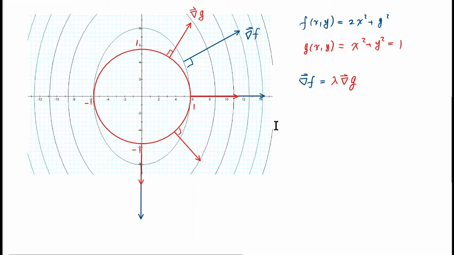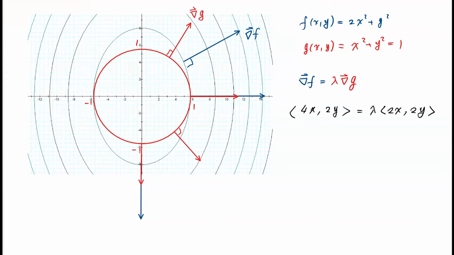And then lambda is just a constant because there's no reason these two will have the same magnitude. Let's write that down. So gradient of f, remember f is this, so we have 4x and then comma 2y will be equal to some constant, we'll call it lambda, times gradient of this, which is 2x and 2y.